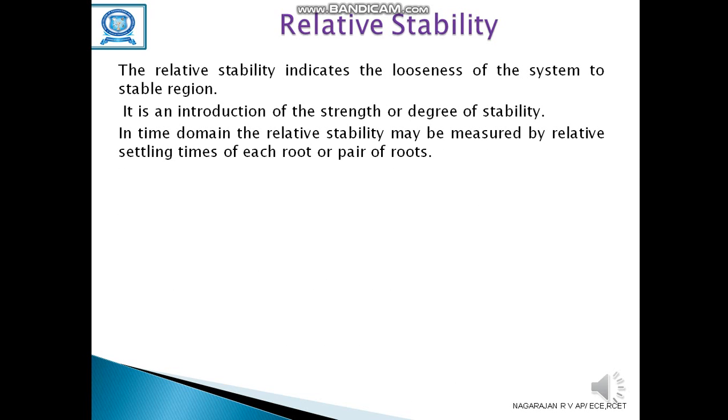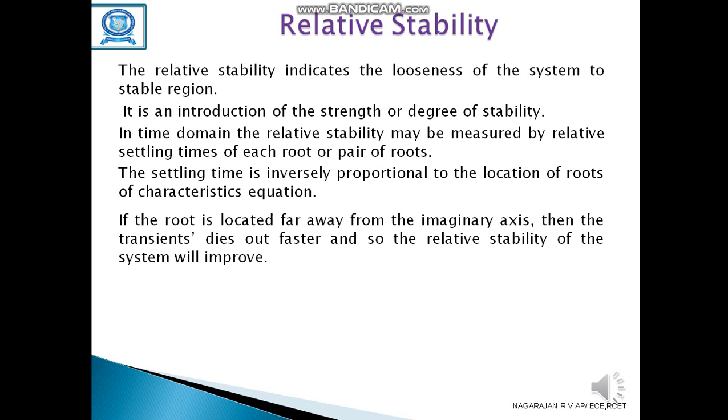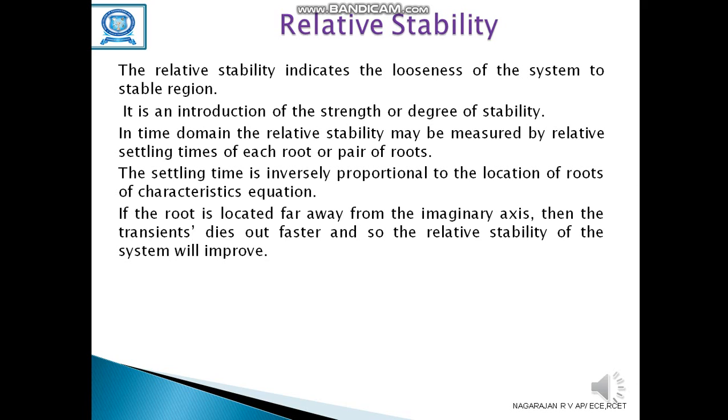In time domain, the relative stability may be measured by relative settling times of each root of the characteristic equation. The settling time is inversely proportional to the location of roots of the characteristic equation. If the root is located far away from the imaginary axis, then the transient dies out faster, and so the relative stability of the system will improve.